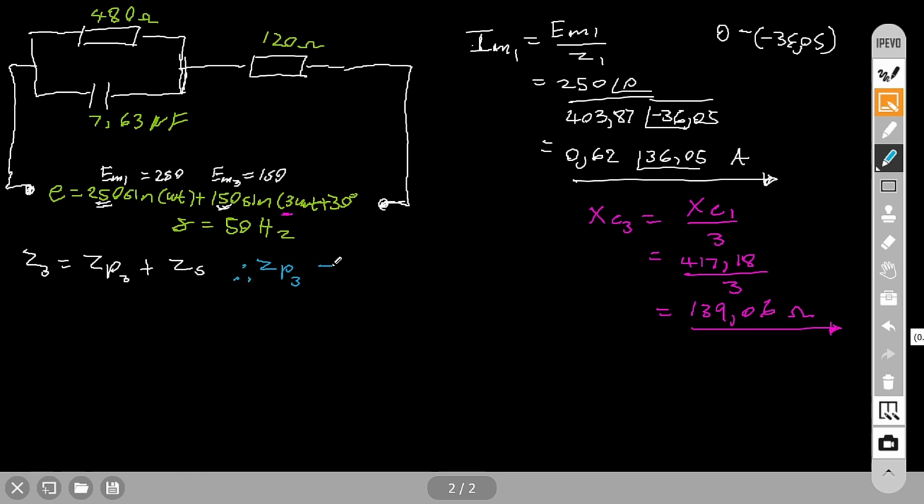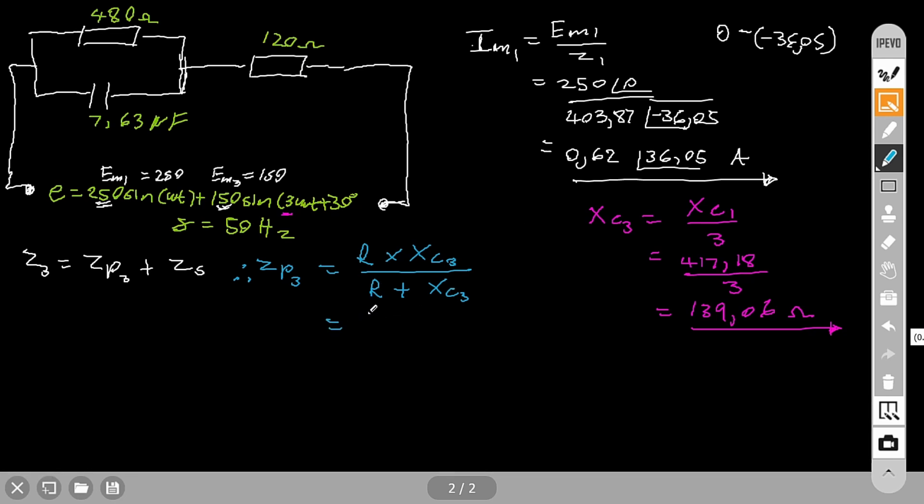Z parallel 3 is equal to R times the reactance for the third harmonic, over R plus the reactance, here we know it's just addition. So this is the layout.